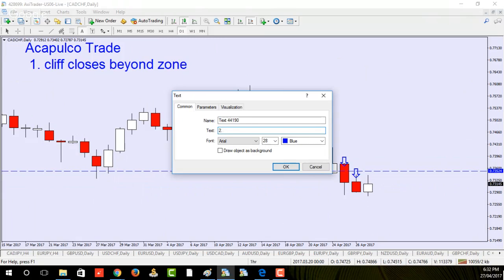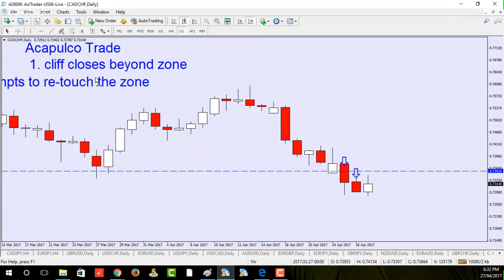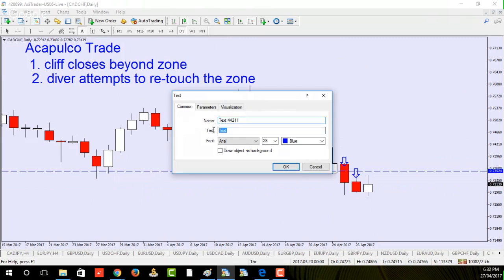The number 2 rule is that the diver attempts to retouch the zone. And number 3 is that the market trades lower than the low.